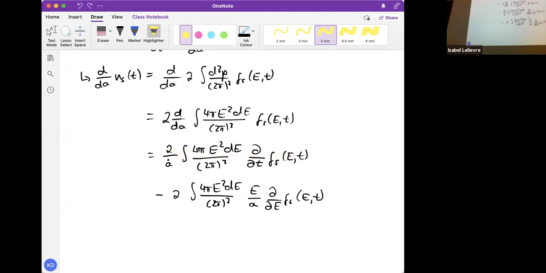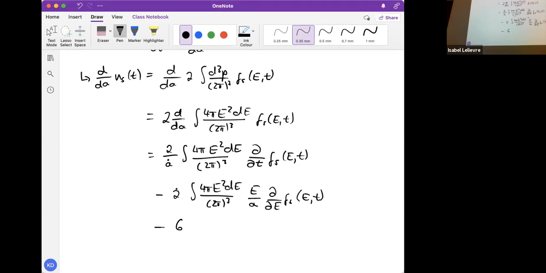And now there is a third term, because also the energy that appears in the integration measure depends on the scale factor. This additional term has the form minus 6, because there are 3 factors here, 2 factors of E and 1 factor of dE.